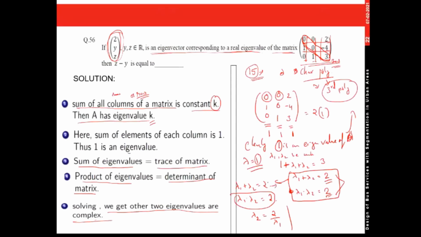Then substituting, lambda 1 plus 2 by lambda 1 is equal to 2, which implies lambda 1 square plus 2 is equal to 2 lambda 1, which implies lambda 1 square minus 2 lambda 1 plus 2 is equal to 0. So the roots of this polynomial must be complex. So the other two eigenvalues are complex.